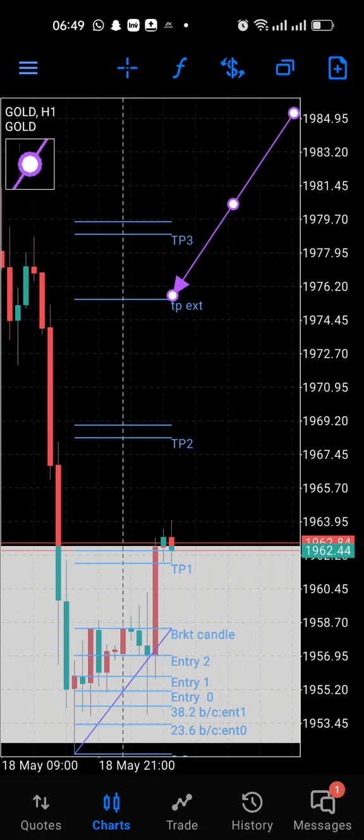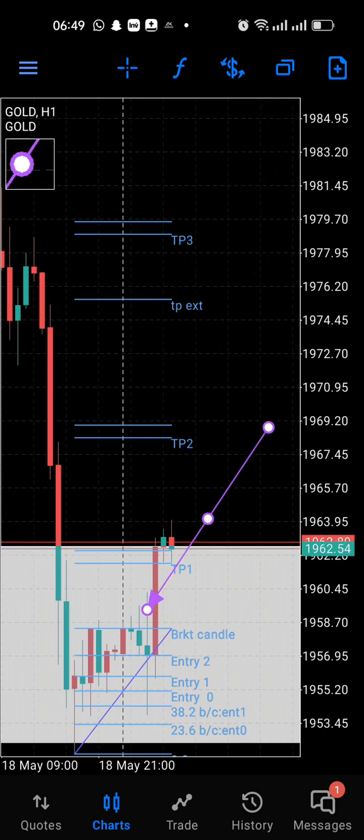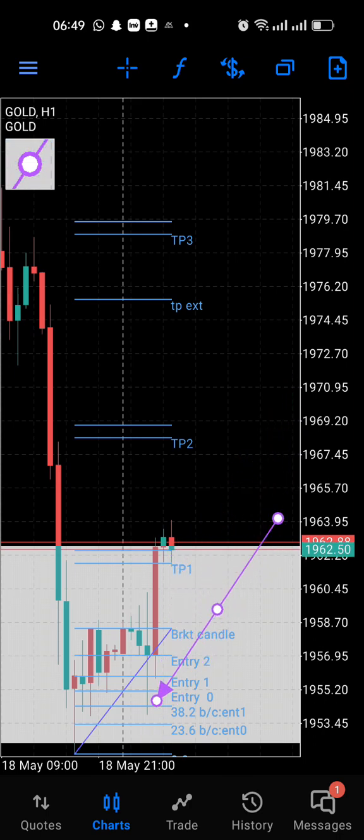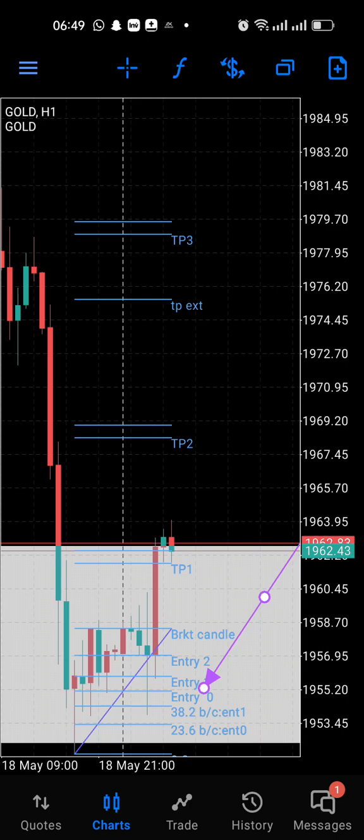This one I don't use very often, so you don't need to know it. Just know this one and this one. That's important. And this one, and to pull from this one and this one. And the one you need to know is 50%. The rest you don't need to. Okay? So that's it with the Fibo.